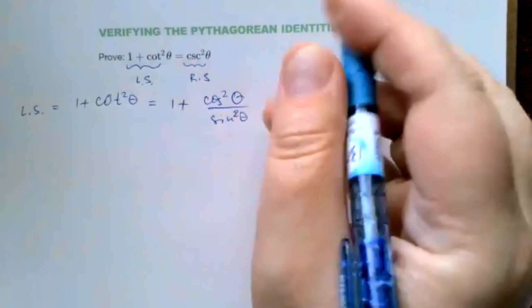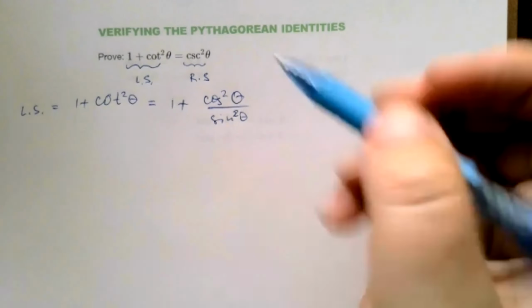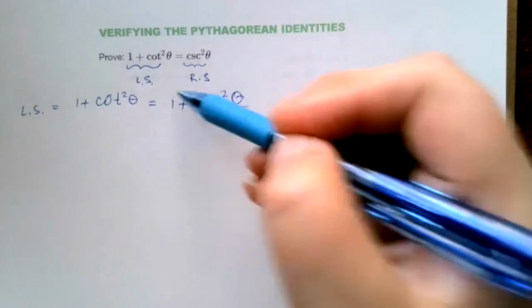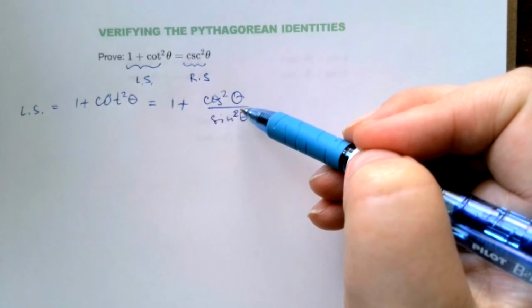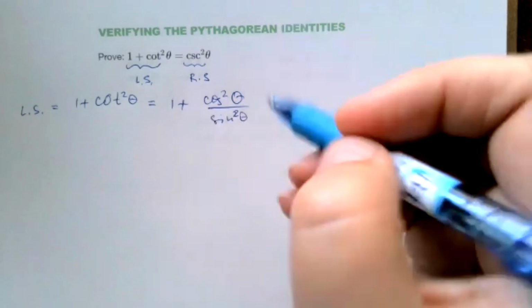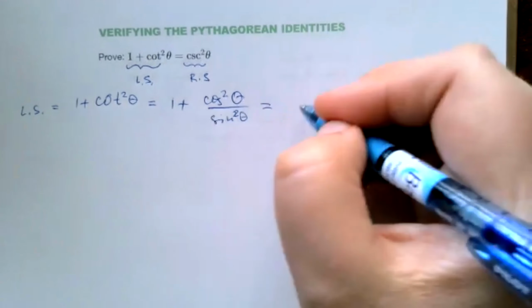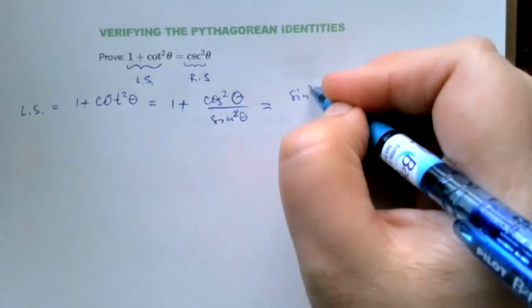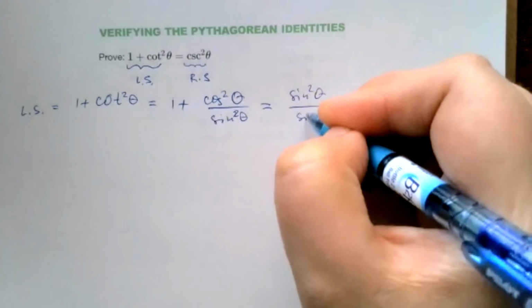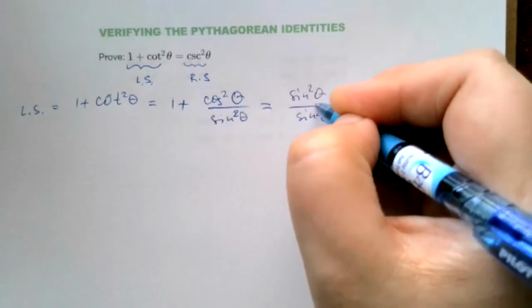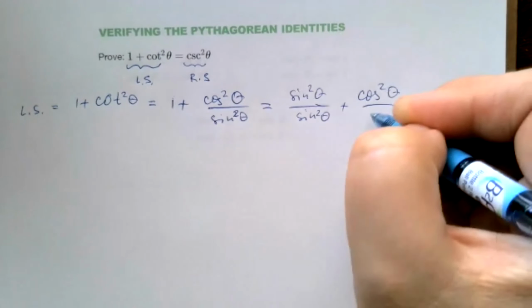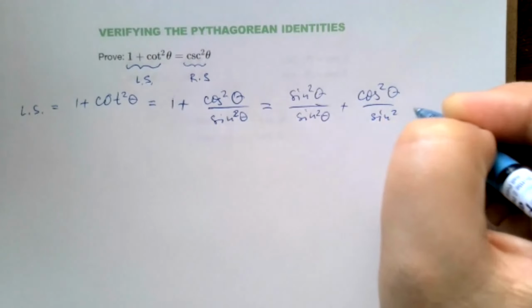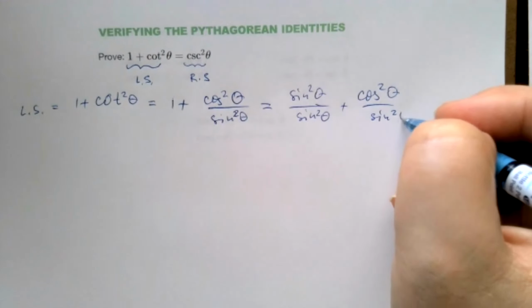Okay, what else can I do here? Well, I can combine this one with this fraction. In order to do that, I need a common denominator. So I'm going to rewrite 1 as sine squared theta divided by sine squared theta, and I'm going to rewrite my cotangent.